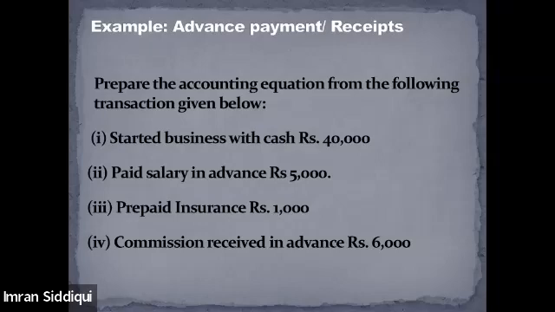Okay, could you please tell me the bifurcation of the asset side? Yes, sir. On the asset side, we have cash, prepaid salary, prepaid insurance. Okay, so cash, advance salary, and prepaid insurance.